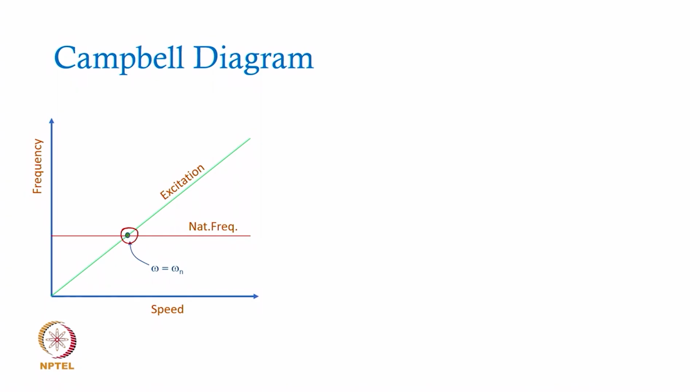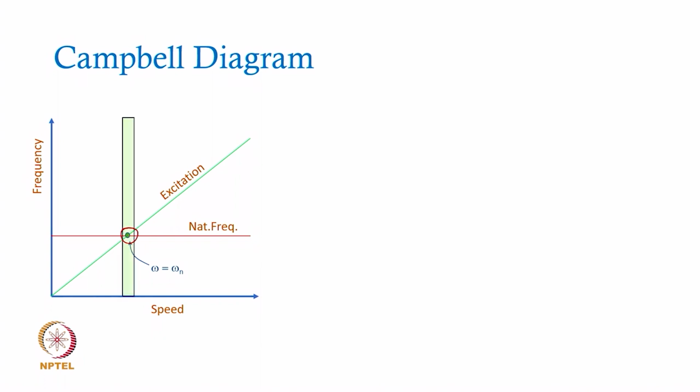Now, how does this change for a complex system like an automotive system or a complex machinery, where the machinery itself will have multiple natural frequencies and the excitation function will be periodic? So, it will have multiple excitation lines. Okay.